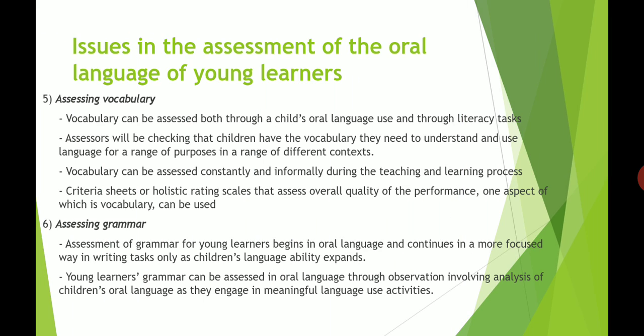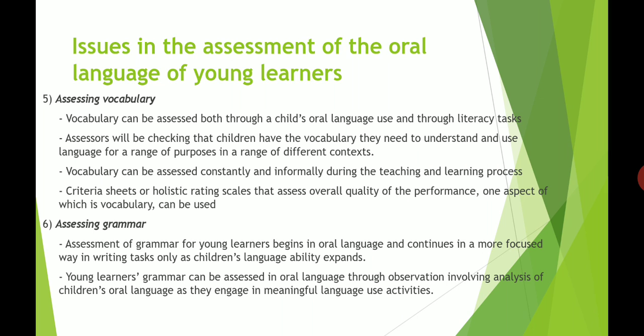Assessing vocabulary. There are other issues besides assessing pronunciation, such as assessing vocabulary. Vocabulary can be assessed both through a child's oral language use and through literacy tasks. Assessors will be checking that children have the vocabulary they need to understand and use language for a range of purposes in a range of different contexts.